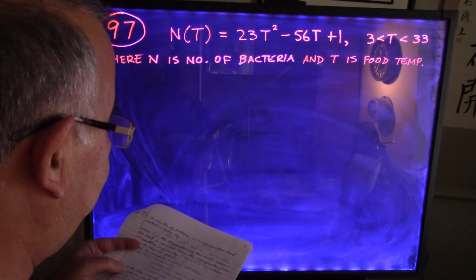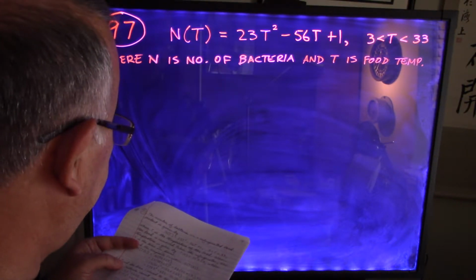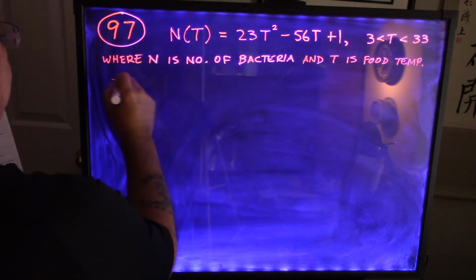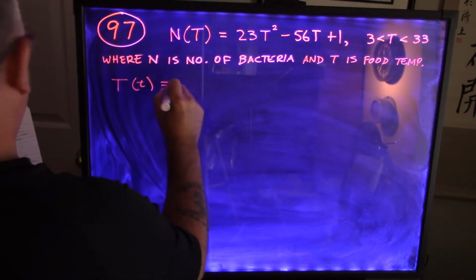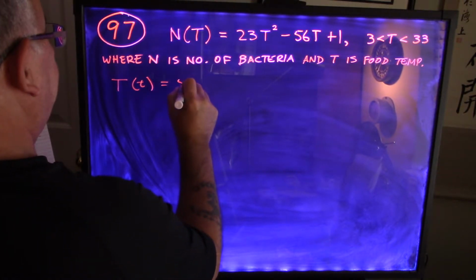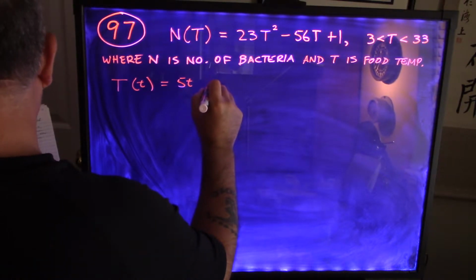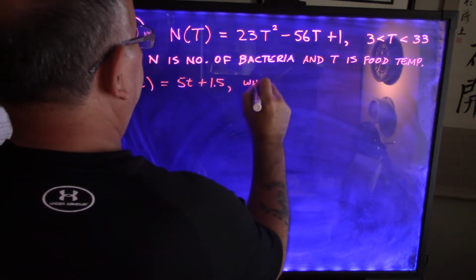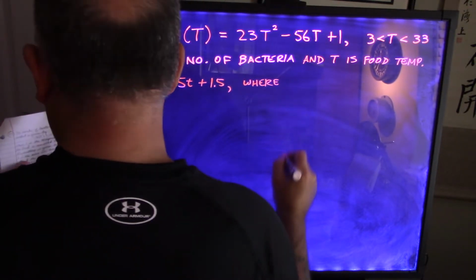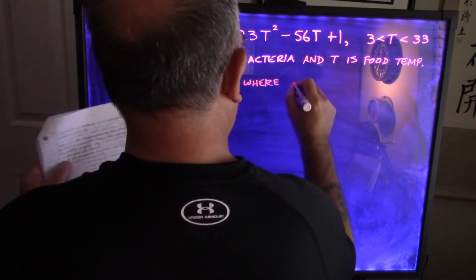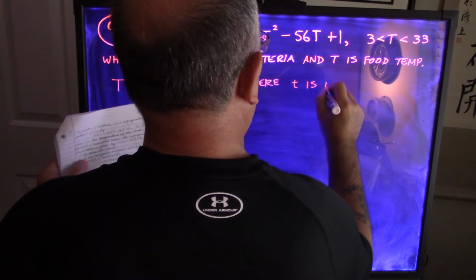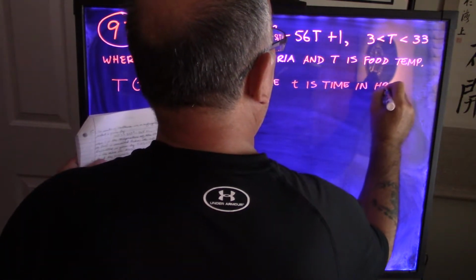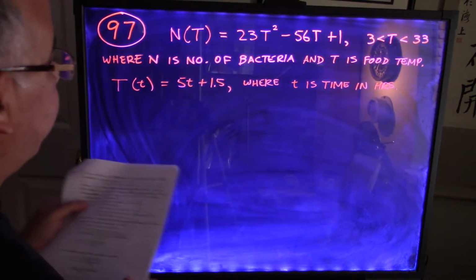So you take the food out of the fridge and the temperature is given by capital T of lowercase t, which is 5 lowercase t plus 1.5, where lowercase t is time in hours.